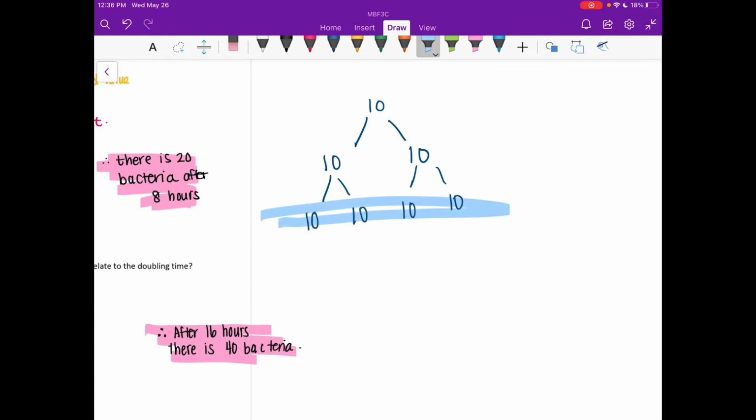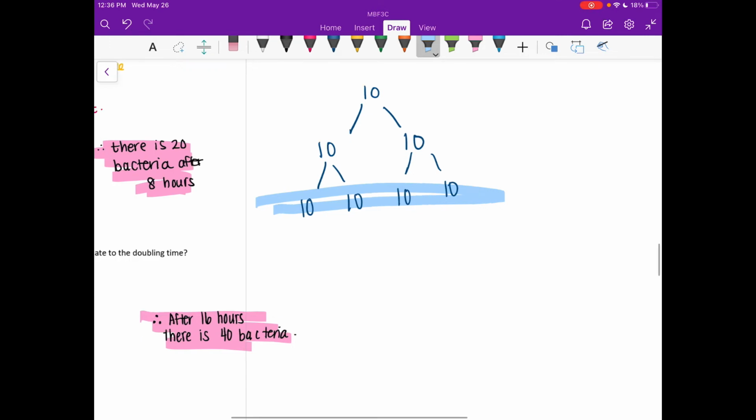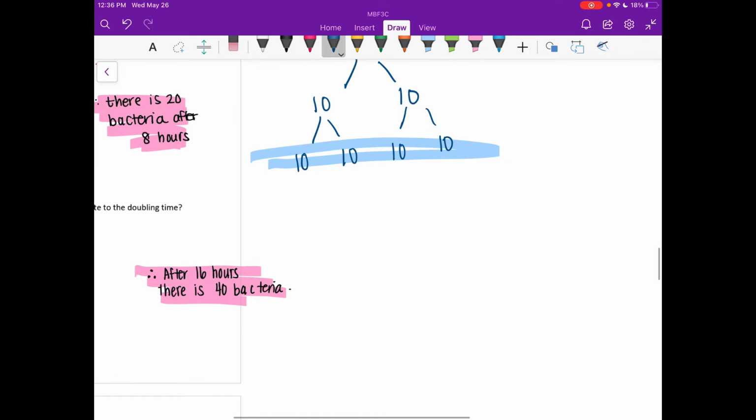So that's how this works. You start off with 10. Those 10 multiply into 2 separate groups of 10s. They have their babies, each one has a baby, 10, 10, right? And then each of those couples has another one. So then we have 40 left at the end. In theory, each of these will also double.